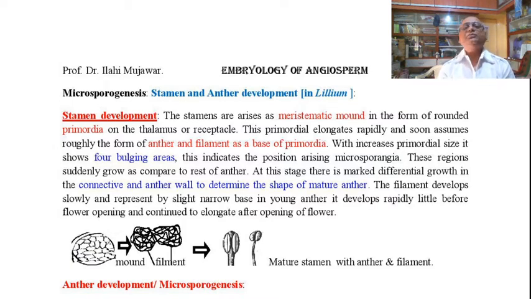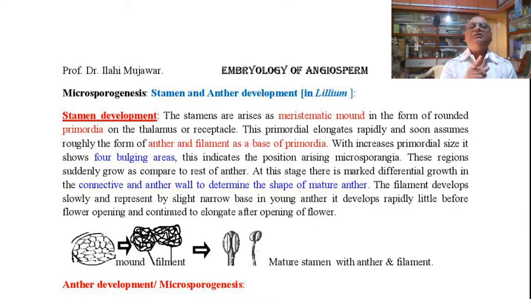So microsporogenesis includes first the stamen. What is the stamen? The stamen is a part of the androecium in the essential whorl of the flower, and the stamen is constituted of three distinct parts.